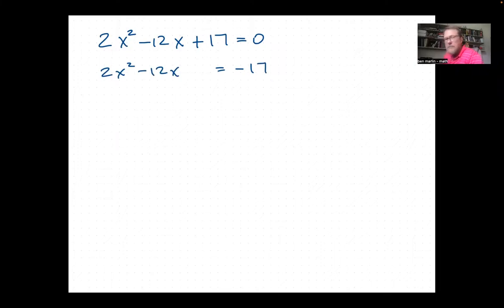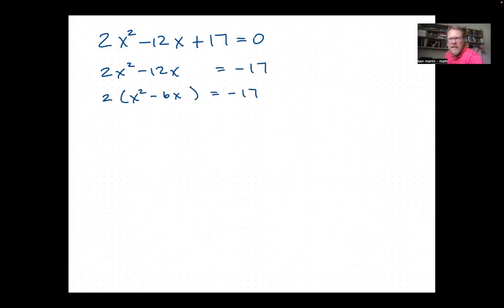And then because it has a leading coefficient that's not 1, we can't jump straight into completing the square. I want to do this in a certain way because it will figure into what we do with parabolas later. So I am going to take that 2 and factor it out of the x squared minus 12x.